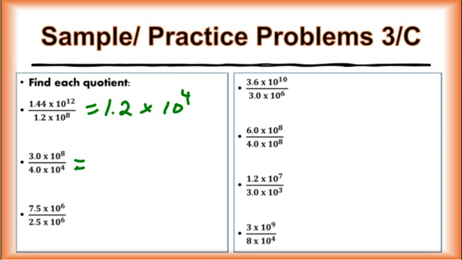Next one, we got 3 divided by 4 gives us 0.75 times 10. 8 minus 4 is 4. But it's not in scientific notation, so I need to move it 1 to the right. And since I lost a decimal point, I need to subtract 1 from the exponent. So this would be 7.5 times 10 to the 3rd power.